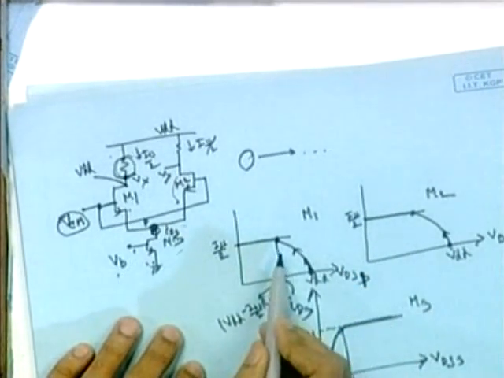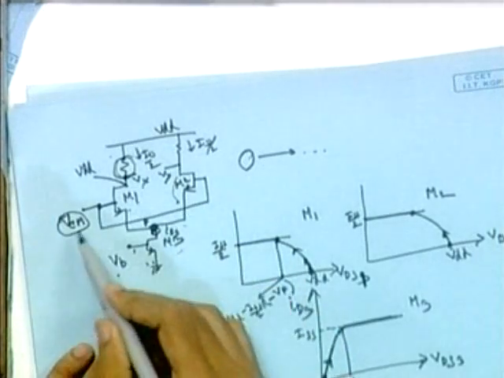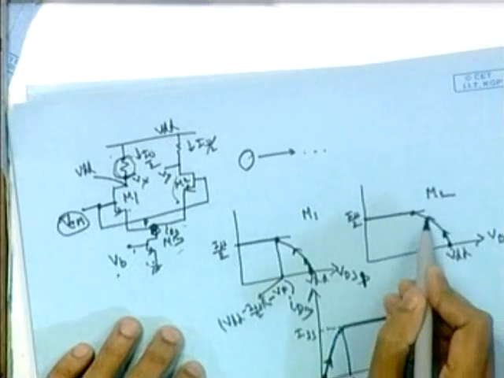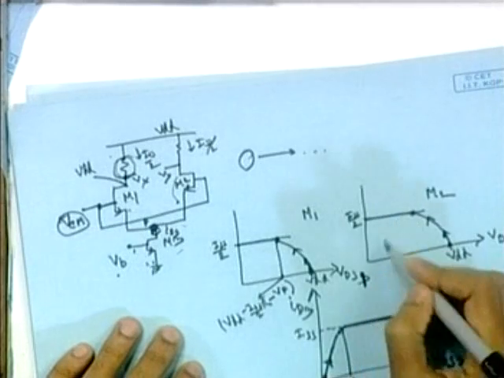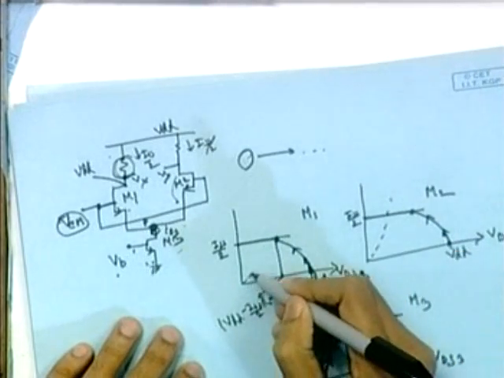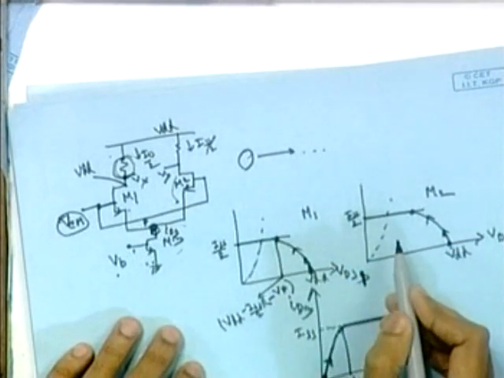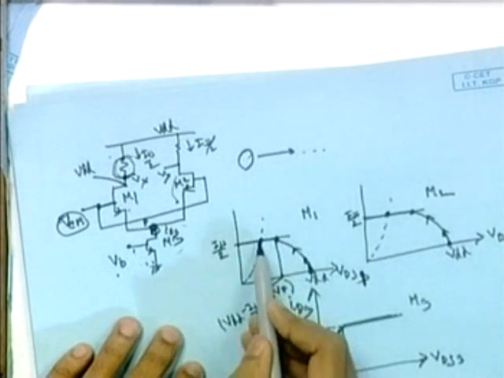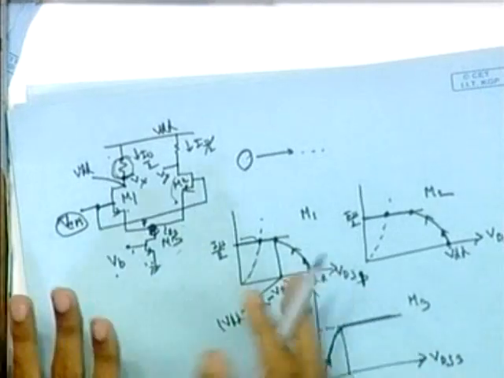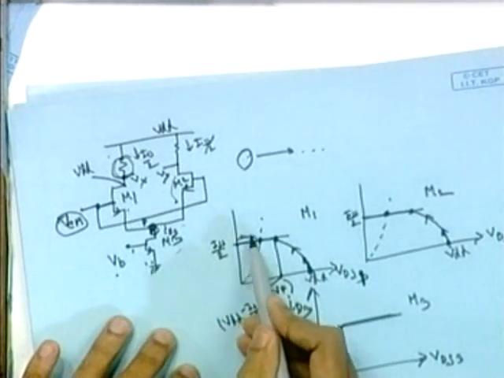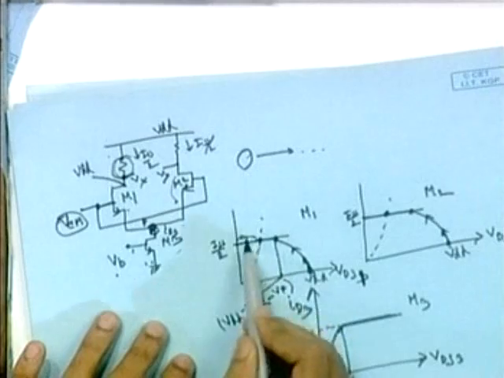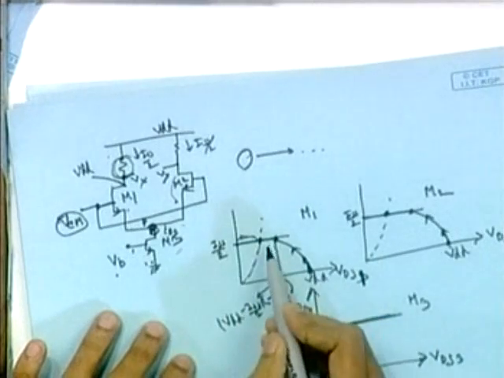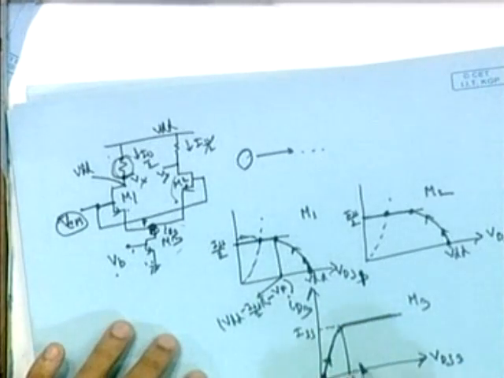Now as we continue to increase this VCM, it will move across this path, and after some time it will enter into the triode zone, both M1 and M2. It will hit this point, and beyond that point M1 and M2 both will be in triode zone. This is not our intention, to operate M1 and M2 in triode zone, so we will try to restrict that. Also, we don't want to operate M3 in the triode zone.